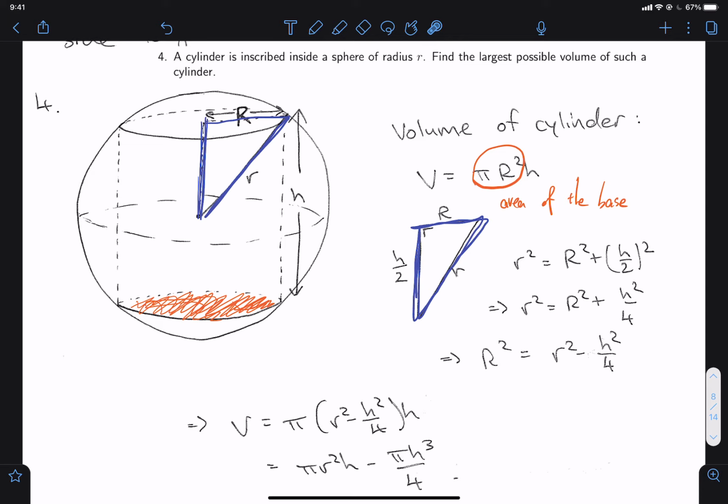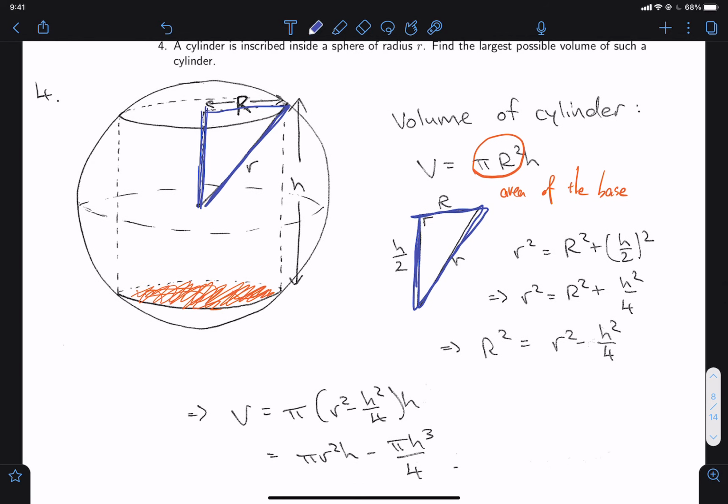So now we have the height of this triangle equal to half of the height of the cylinder, that is 1/2 h, right? And then the radius of the cylinder is here, capital R, and the hypotenuse of this triangle is lowercase r, that is the radius of the sphere, right?